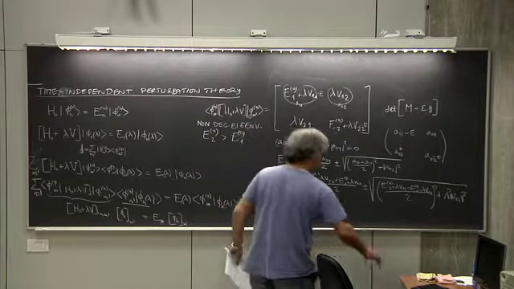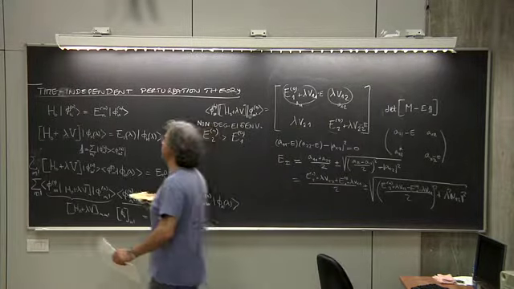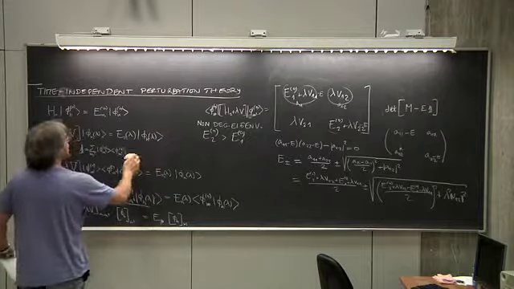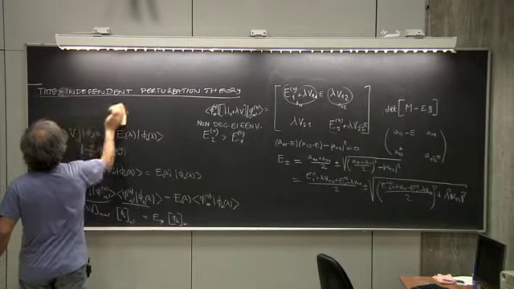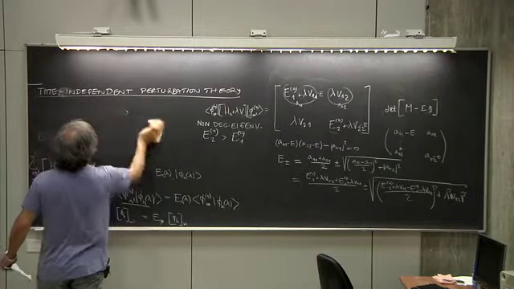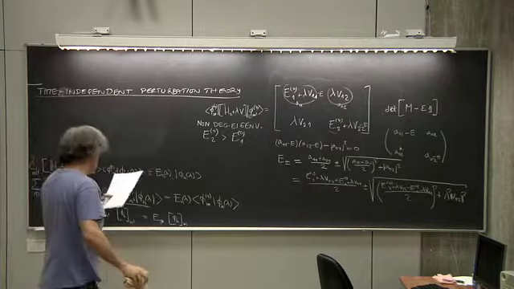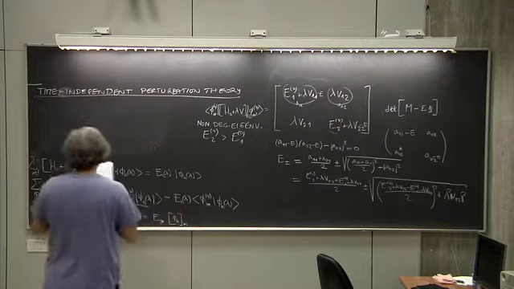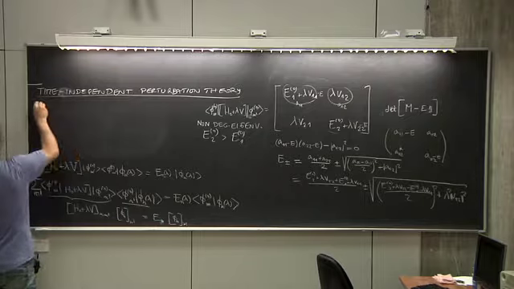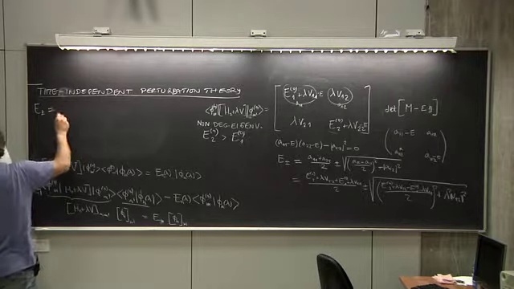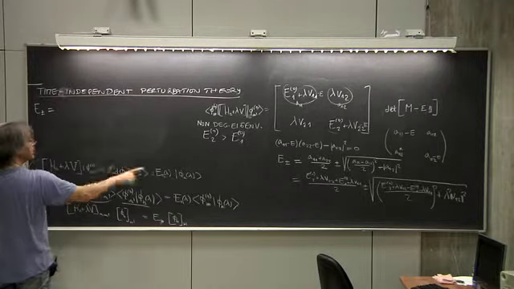Okay, erase a few things. I need some space. I think I will just use this part. Okay. So I will write the two eigenvalues as the semi-sum.